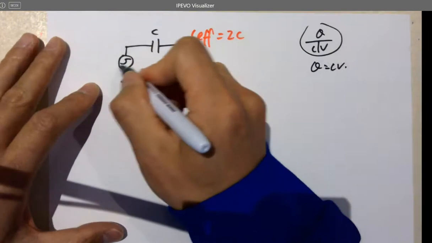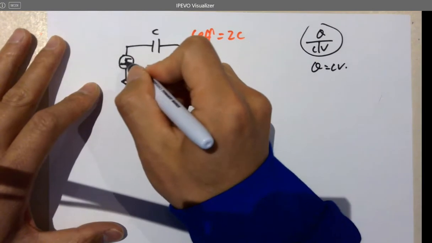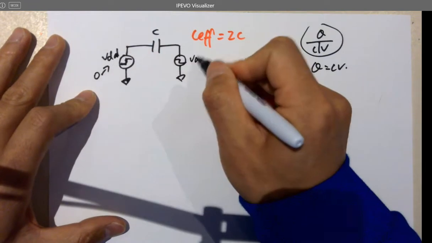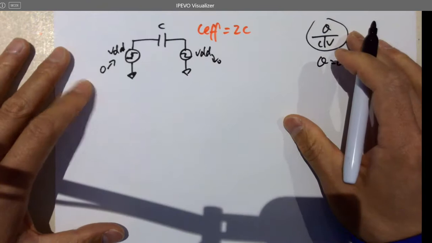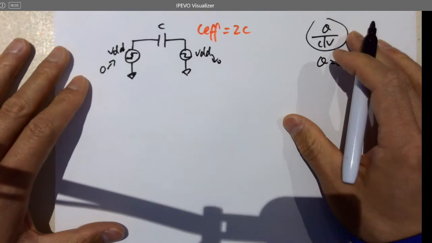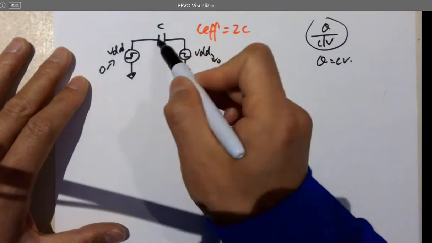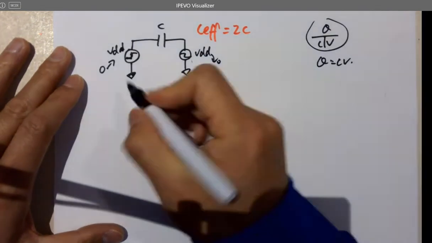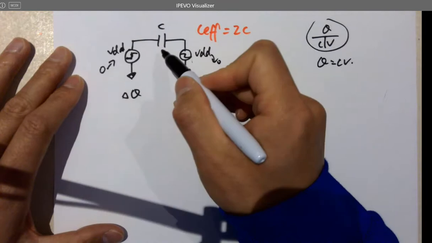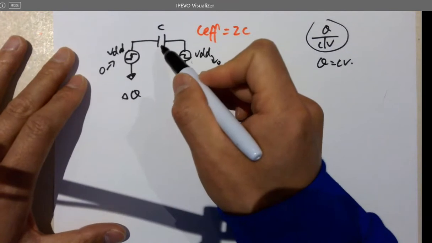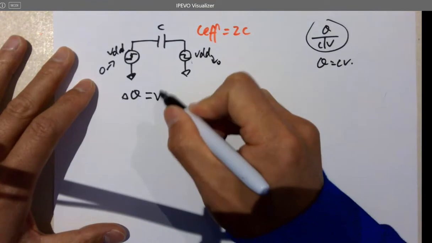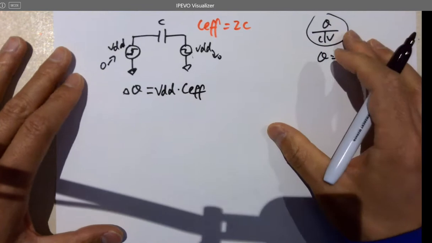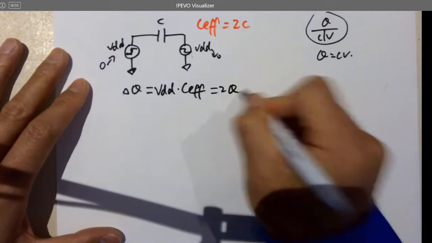Here's a rising edge from 0 to VDD, and this is a falling edge from VDD to 0. So when this is charging up this cap, this is pulling the charges away from this cap as well at the same time. So delta Q, the Q change in this cap, is actually VDD times C effective, and this equals 2Q.